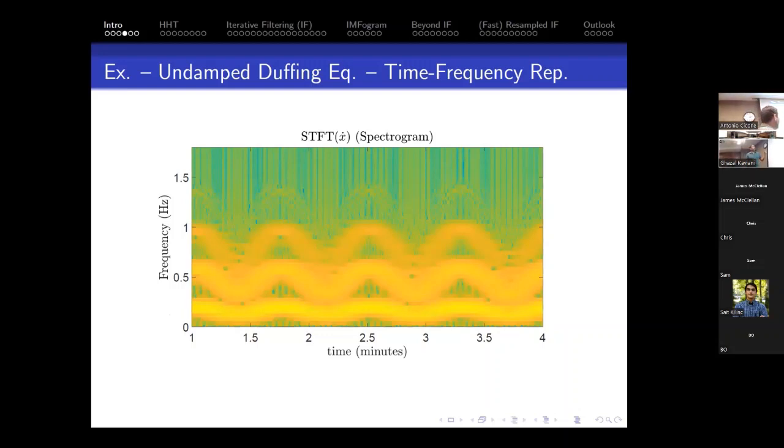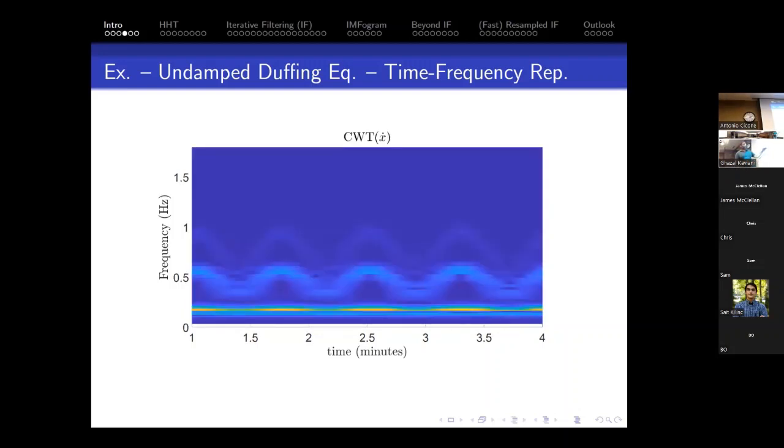We can try the continuous wavelet transform, and the answer we get is pretty similar. We still have these three components, and the fourth one is no longer even visible. You are probably aware that people in the wavelet community have been developing better techniques than continuous wavelets to try to improve the time frequency representation.